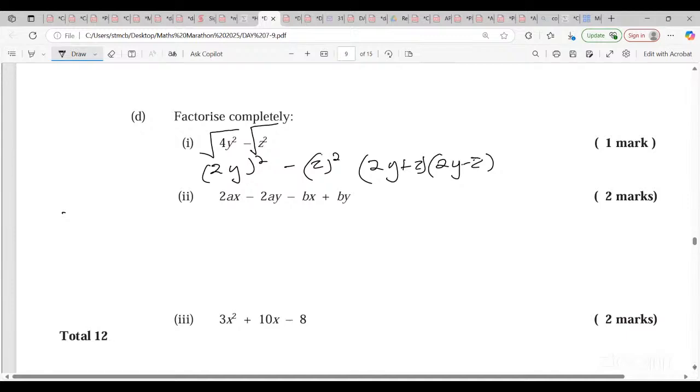Leon, wagwan. Jaden Campbell said 2a minus b bracket x minus y. Anybody else? How do you guys feel about the exam?